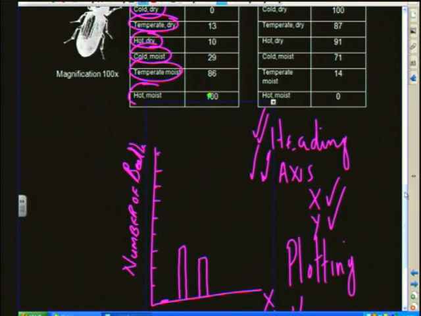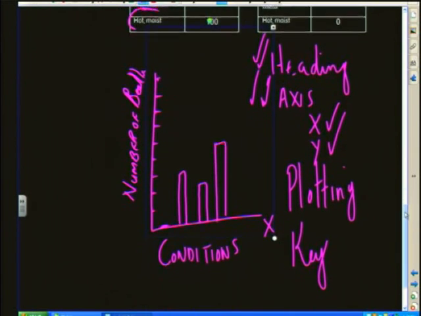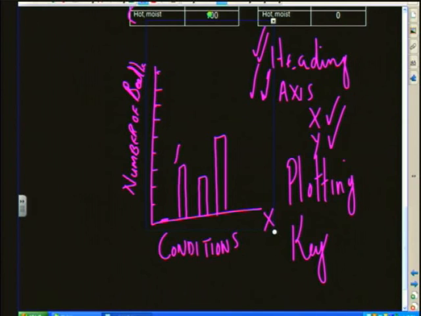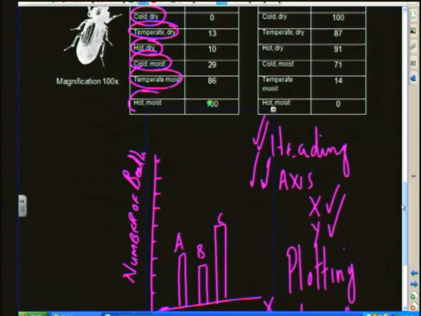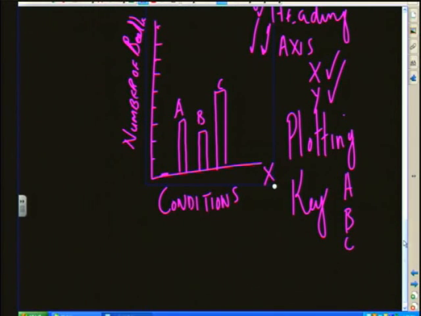As I said, I'm not spending time plotting the entire graph. It's not the plotting of the graph, but how you do it. I obviously need to indicate a scale, and I'm going to put down A, B, C, and a legend or key, and label them as cold, dry, temperate, etc. That's basically how you would generate your marks.